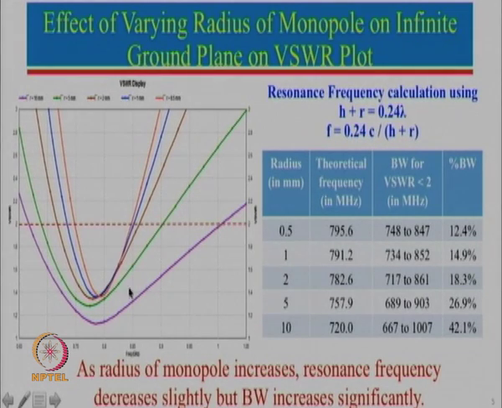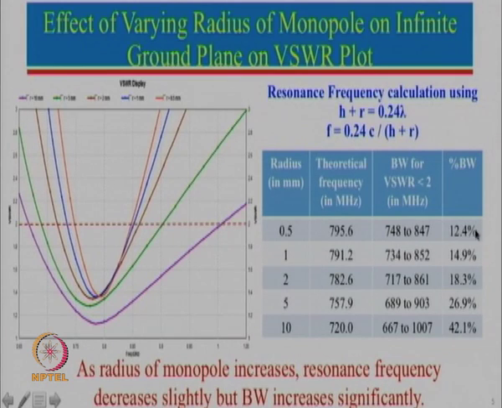Now here, as we increase the diameter, this is the response. Frequency is slightly decreasing, which is expected, and you can see that the bandwidth is increasing. Now, recall I did mention for a dipole antenna that bandwidth is proportional to the diameter, but there I did not show you too many cases, but here we are showing you systematically the cases for the monopole antenna, which is also valid for a dipole antenna.